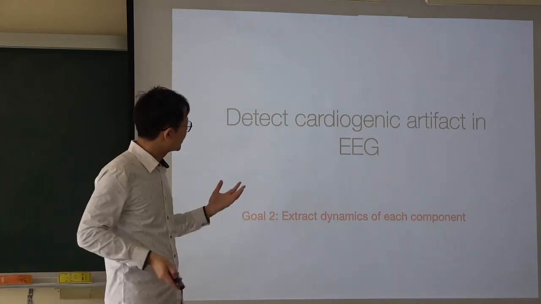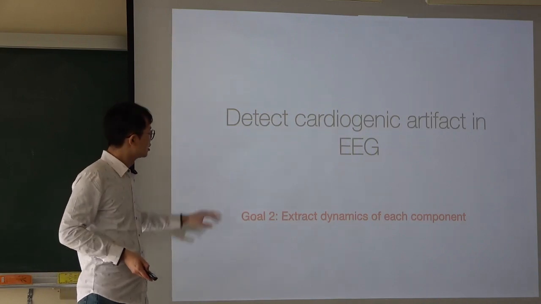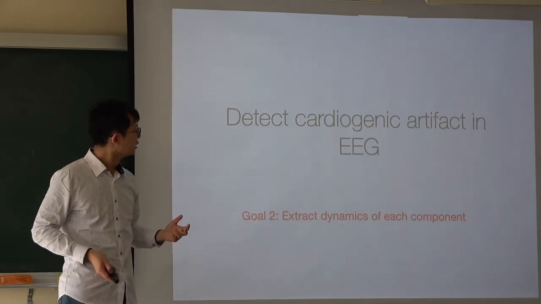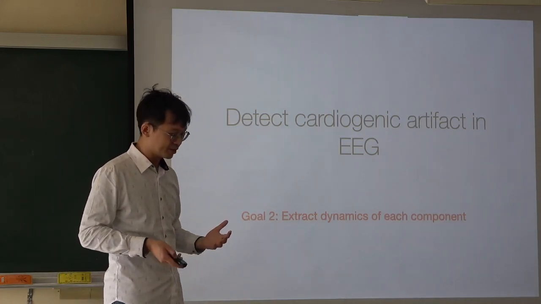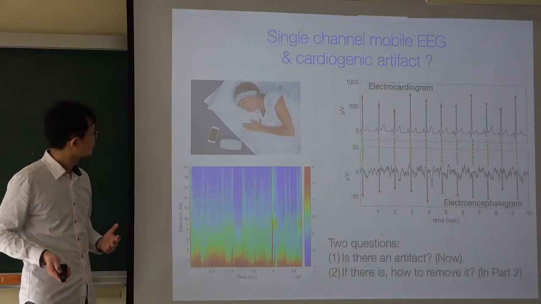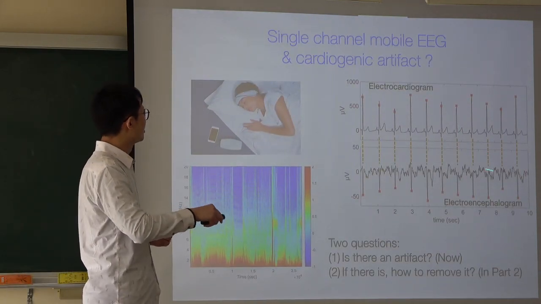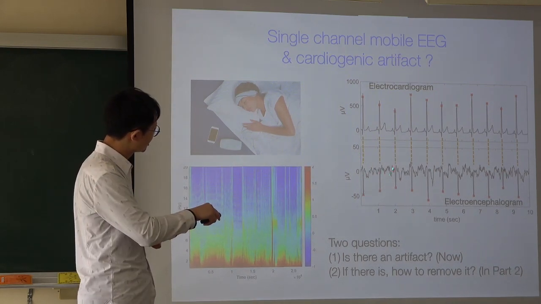Okay, and another application will be the cardiogenic artifact detection in the EEG signal, which has many applications in other kinds of artifact detection. But I will use the EEG signal as a motivation and show you the result. What you see is the recorded EEG signal from a subject sleeping. And you can see there are several spikes.